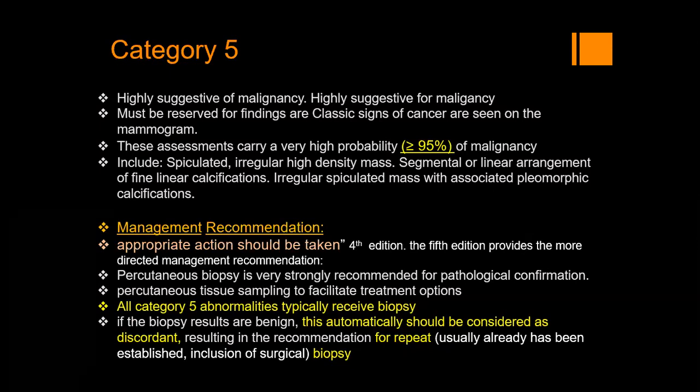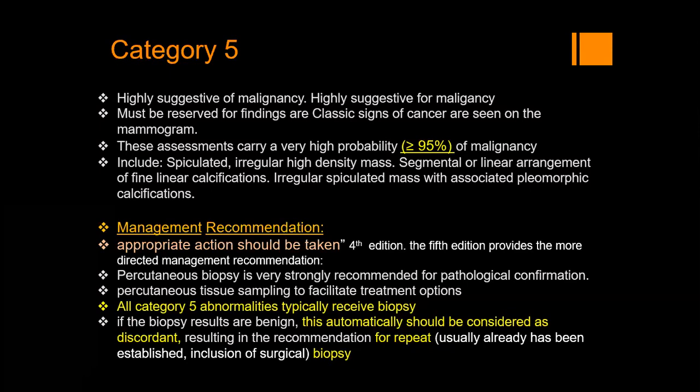The management recommendation in the 4th edition was that appropriate action should be taken, but the 5th edition provides more directed management recommendations: percutaneous biopsy is very strongly recommended for pathological confirmation, and percutaneous tissue sampling to facilitate treatment options.